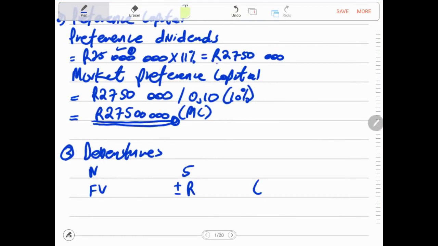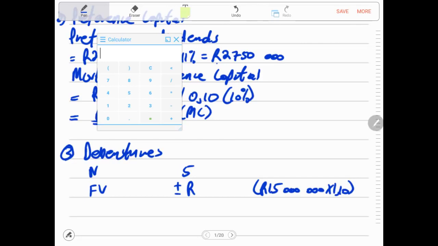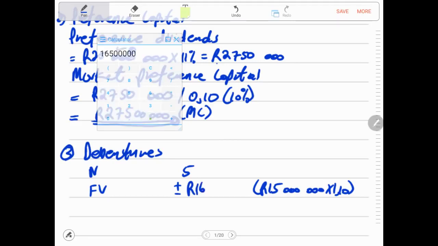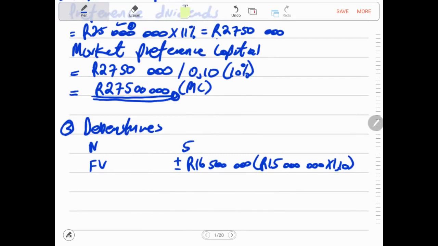That will be a total of 15 million times 1.10, so we are just adding 10%. Multiply 15 million by 1.1. It gives us 16,500,000 rands. This is what the company will pay in the future.